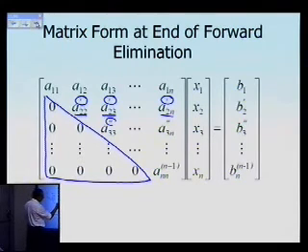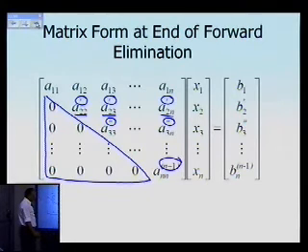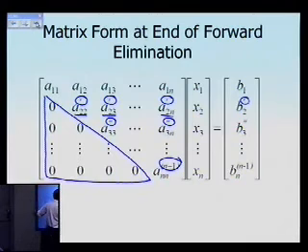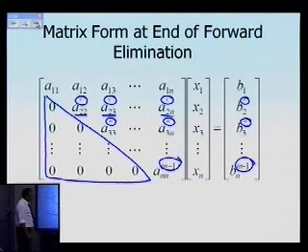That's why you find a double prime right here, telling you that that particular element is changing twice. It's just to show you that it's not the same element which you had in the previous step. And you can see that the last row, last column element will change n minus 1 times. Same is the case here. This right hand side number changes once, this right hand side number changes twice, and this number changes n minus 1 times because you're going through those n minus 1 steps of forward elimination for the last row.